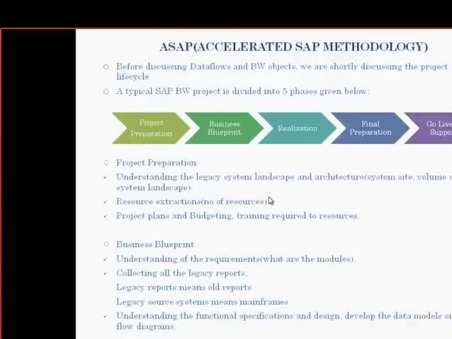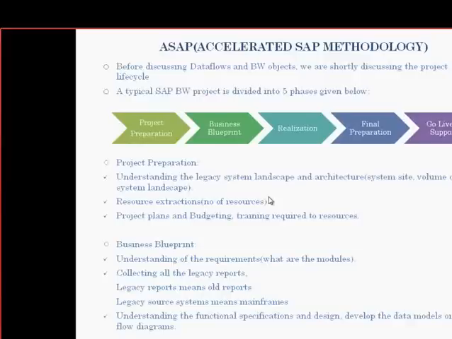For example, resources might have 3.5 version knowledge, and they may need 7.0 training or BPC training. The trainings and resources required, the infrastructure of the project, and company business details all come under project preparation, and this is done by decision making people like managers.